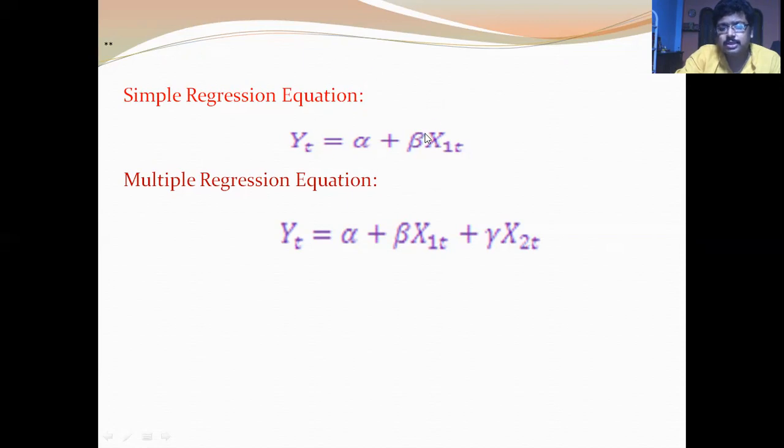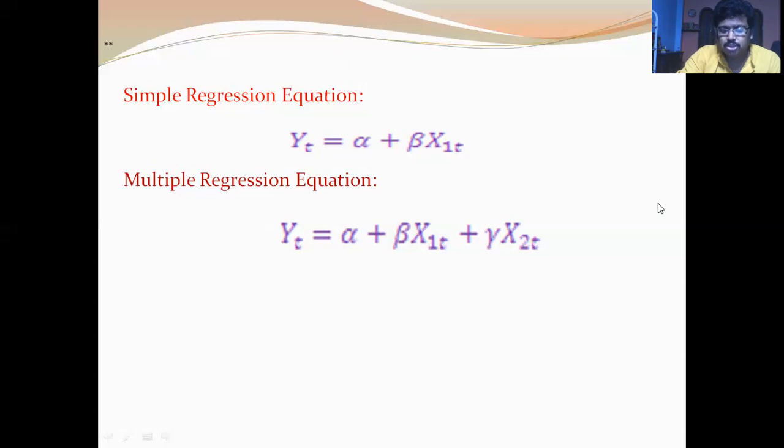Whether there is any relationship between the two variables is considered in the regression equation. One is sales and another is the advertising expenditure. If there is an increase in advertising expenditure, what happens to the variable sales? Okay, so this type of relationship is considered in simple regression equation.